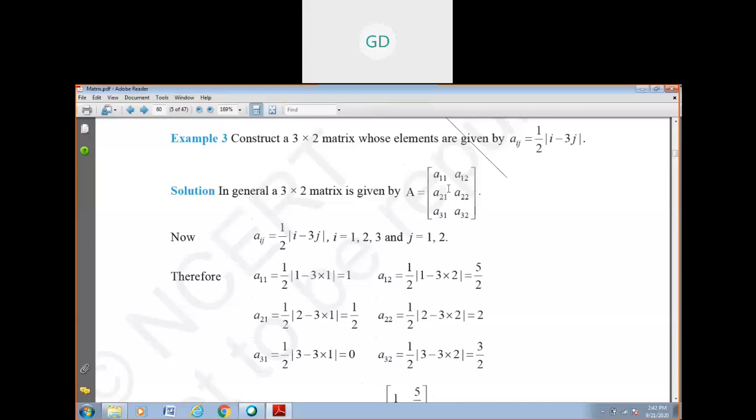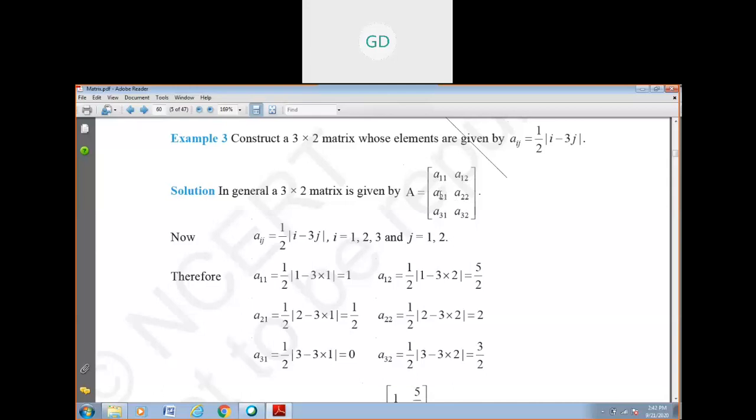As I told you, these suffixes indicate row and column. This element a11, why is it a11? Because this element is lying in the first row and first column, so i equals 1, j equals 1.